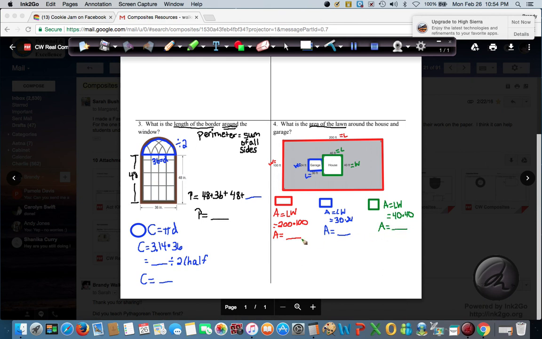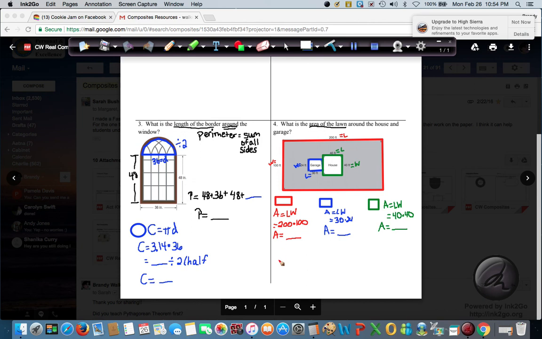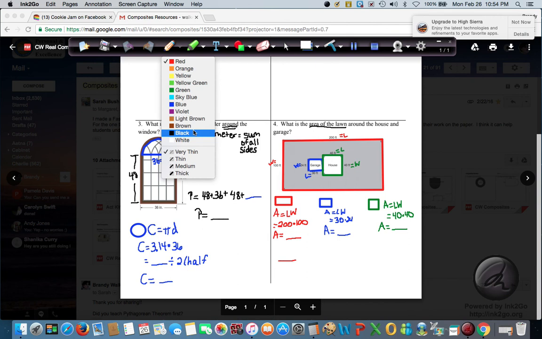Now, you would not add all this together because it's overlapping, right? The house and the garage are over top of the big rectangle. What we want to do is subtract the garage and the house from our lawn, from this big rectangle. So the way you're going to find the area of the lawn around the house and garage is you're going to take your big total here and you're going to subtract both the little pieces.